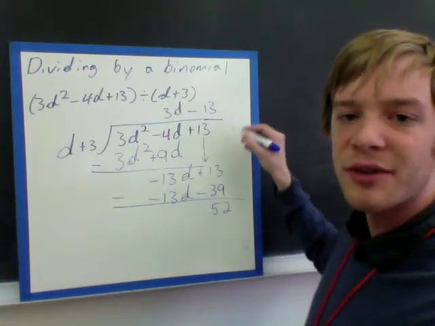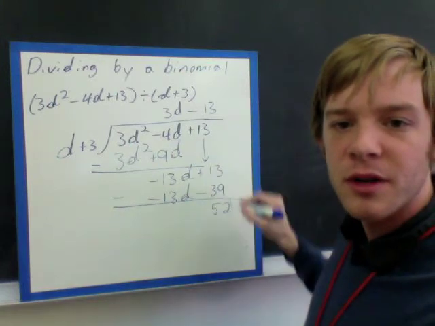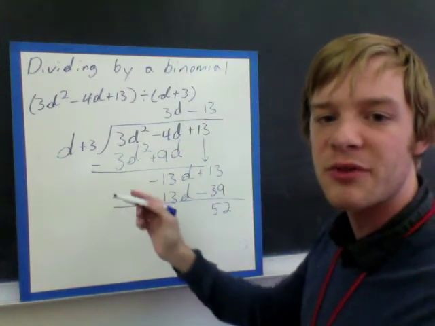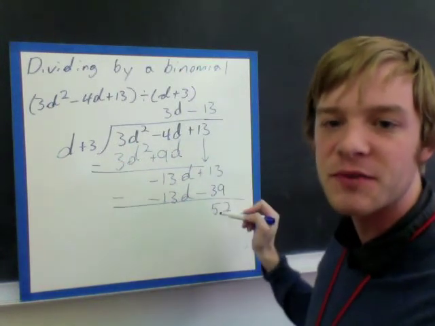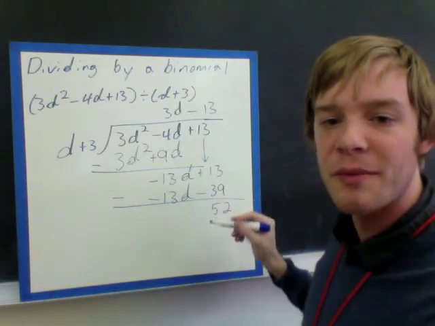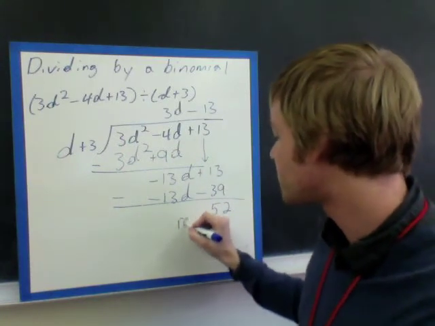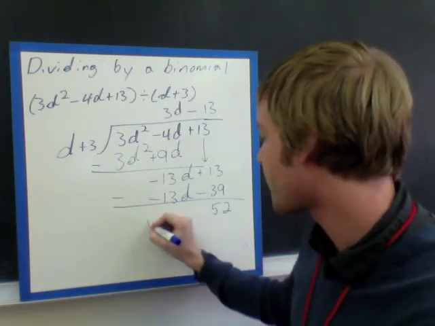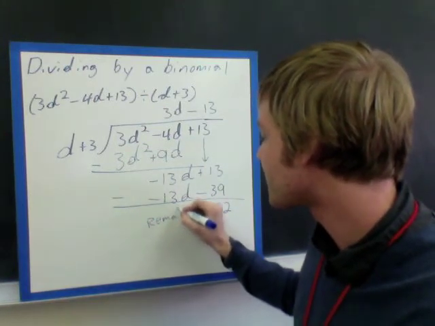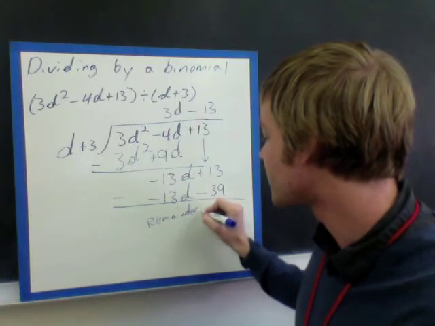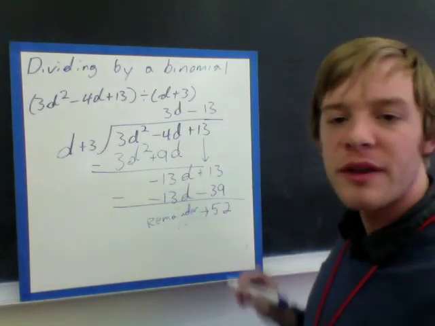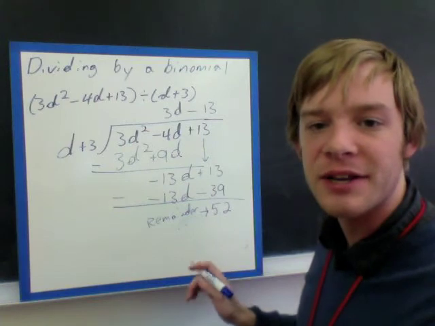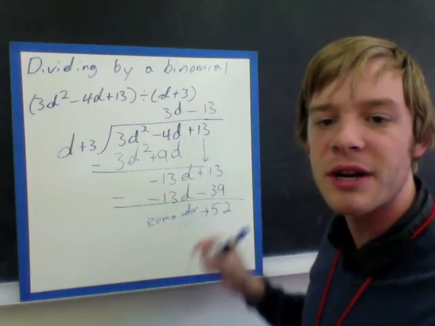Now, since we're out of things over here to look for, and if you notice, there's nothing I can really multiply d by to get 52, this is what we call our remainder. And the way that we write out our final answer is we have this right here, 3d minus 13.